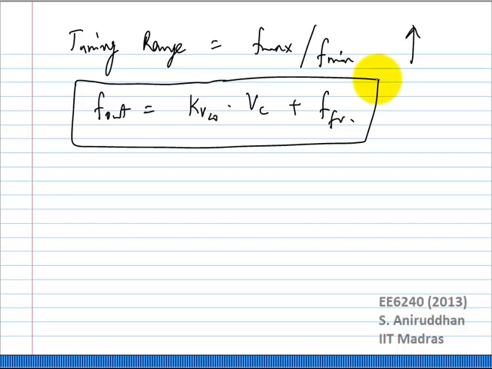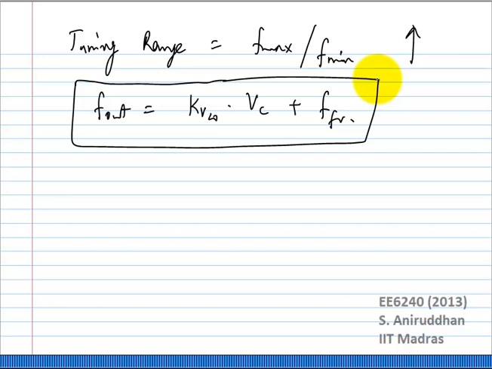Come on, people. It is a free running frequency, right? Because actually, does it have to be always the case? If negative supplies are allowed, you can go lower. But right now we are assuming that you have only 0 and VDD. Okay. What is the maximum frequency? FFR plus KVCO times the supply. Let us assume you can tune till the supply.